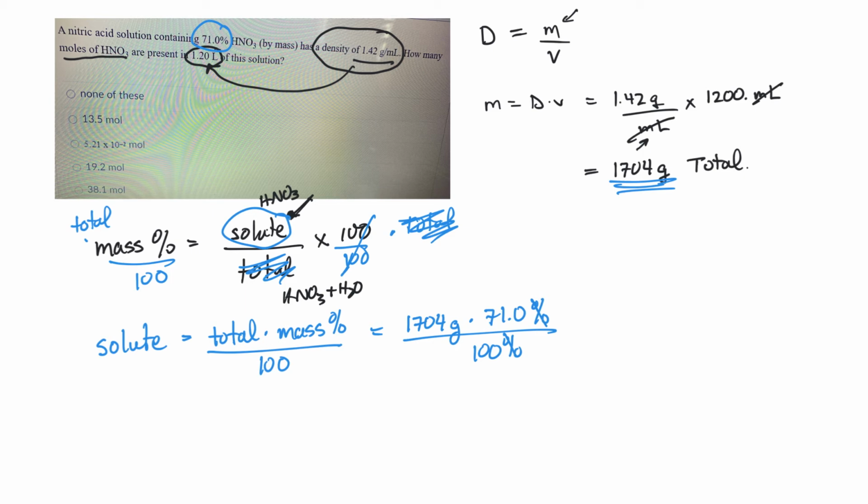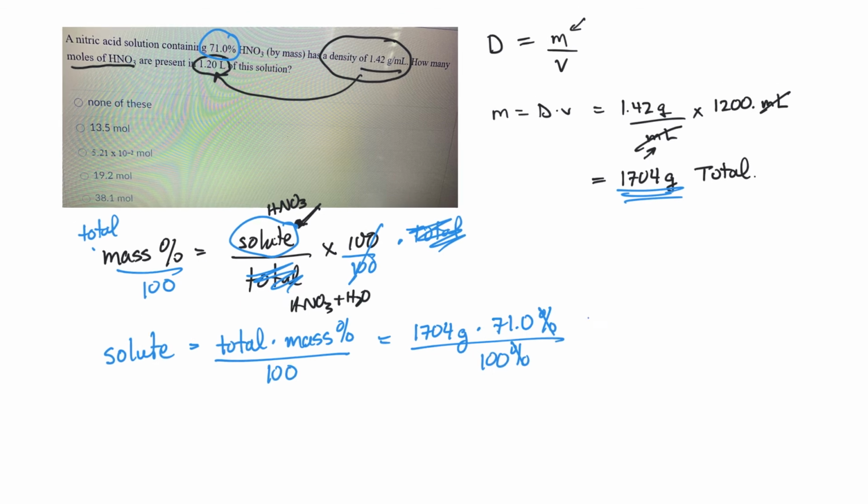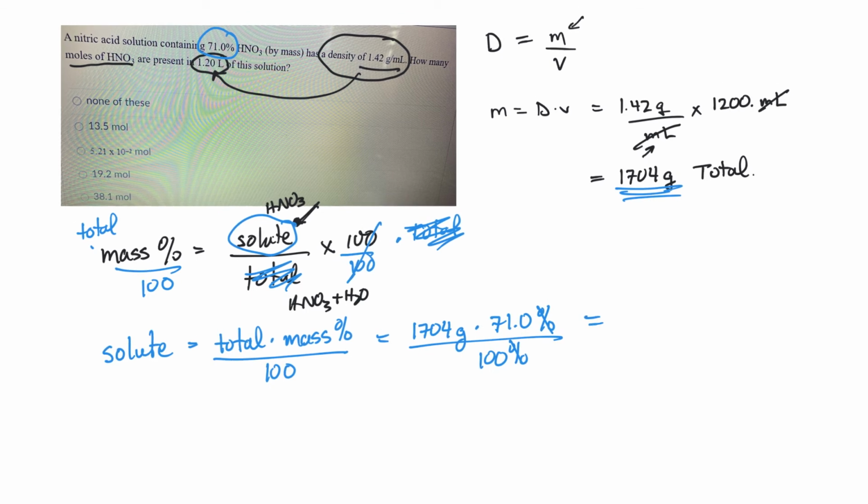I thought, oh, there's my answer. Times 71 divided by 100. So I'm getting 1209.84. So the grams, or the mass of the solute, is 1209.84 grams. But the question asks for moles of nitric acid.